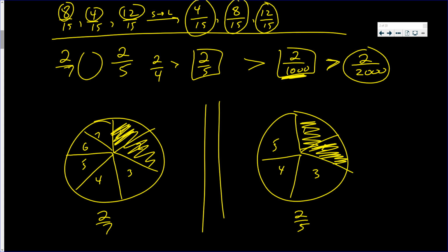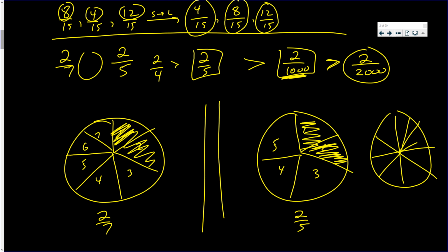Well, the more you cut the pie, I mean, what if I cut the pie into many, many different pieces? The more I cut the pie, your 2 slices are getting smaller and smaller. Okay, the more I cut it, the smaller your two slices would be.